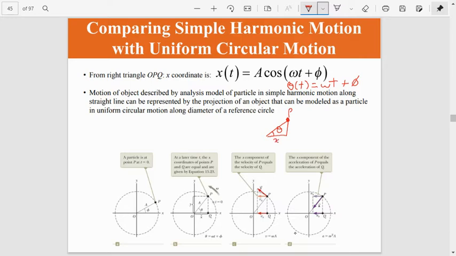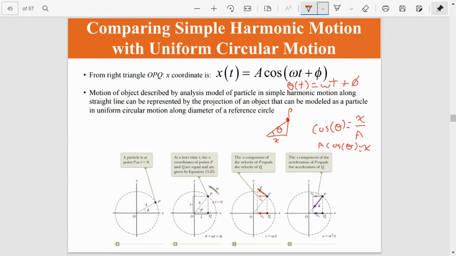The x component being the adjacent side, then the cos function would give you the adjacent side over the hypotenuse, which is in this case the radius. So you get a formula for x, and because we know that theta is a function of the angular frequency and phi, we end up with the formula here on top.